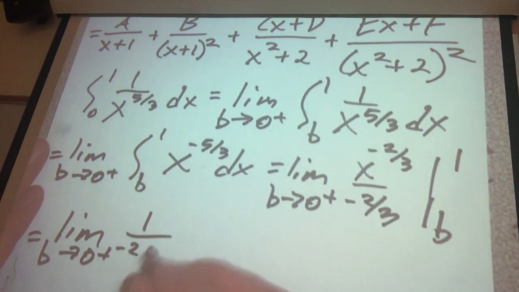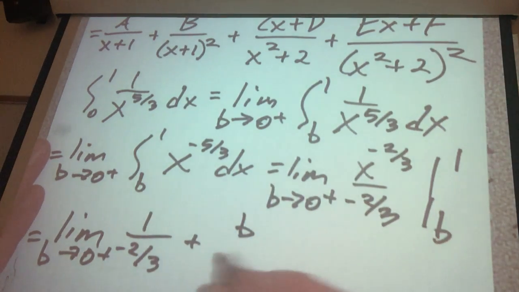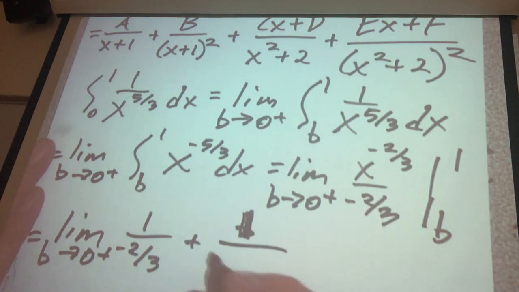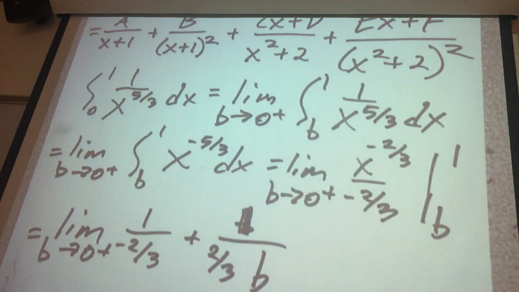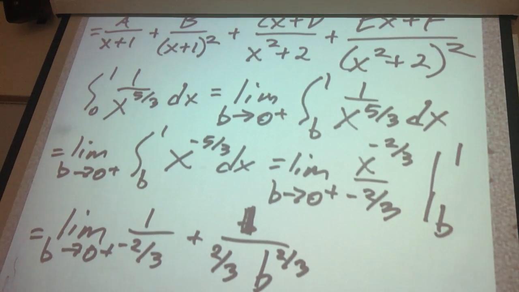Divided by negative 2 over 3, and then plus 1 divided by 2 divided by 3, and b, and I'm putting this on bottom for a reason, to the 2 divided by 3. And so since that's going to be divided by 0, that's going to tend towards infinity. Okay?